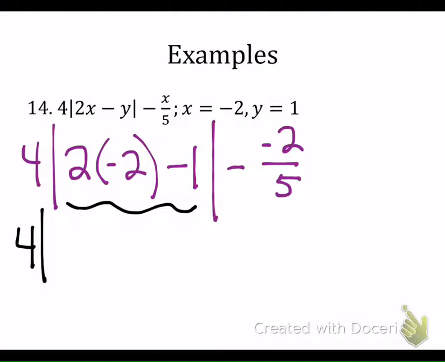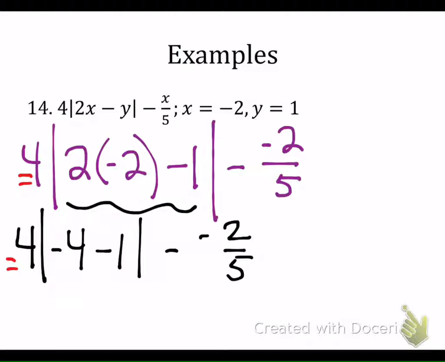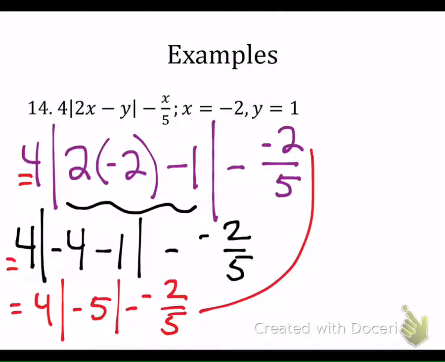What is 2 times negative 2? Negative 4. What is negative 4 minus 1? So this is 4 times the absolute value of negative 5 minus negative 2/5. What is the absolute value of negative 5? 5.